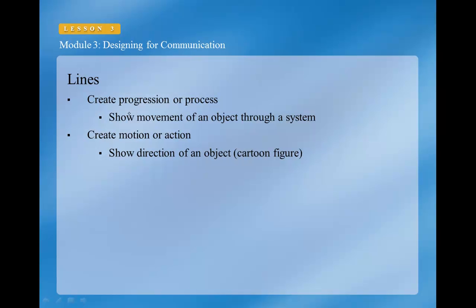Alright, lines can also create a progression or a process. They can show movement of an object through a system. They can also create motion or action. They can show a direction of an object or a cartoon figure. So you have a cartoon figure, and if you put lines behind him, it gives him the impression that he is moving.